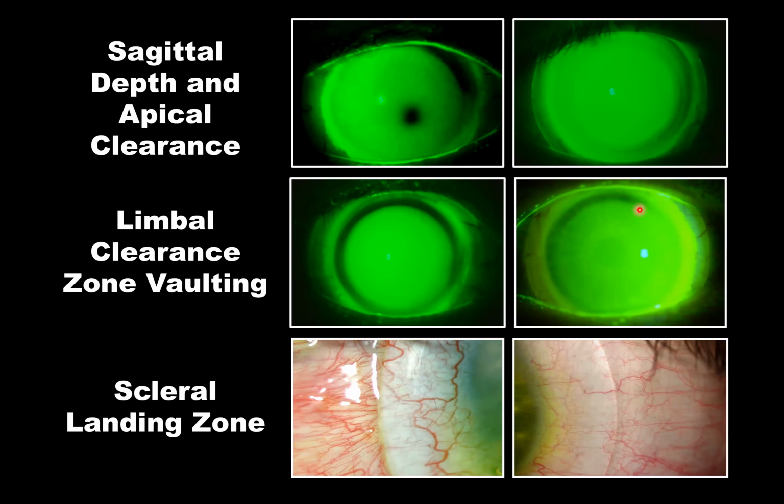Now, if you have less than 180 degrees of thinning, this is a case where you may want to monitor the patient over time. So as an example, if we see less than 180 degrees of this thinning, it's usually related to decentration of the lens. So this is a case where we may want to have the patient wear the lens for as long as possible, 4 hours, 8 hours, then take the lens off and stain the cornea.